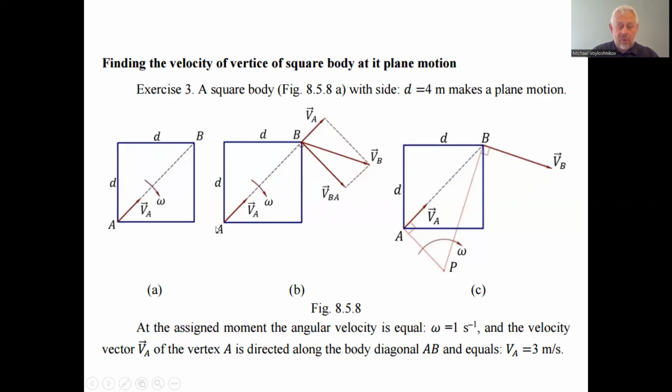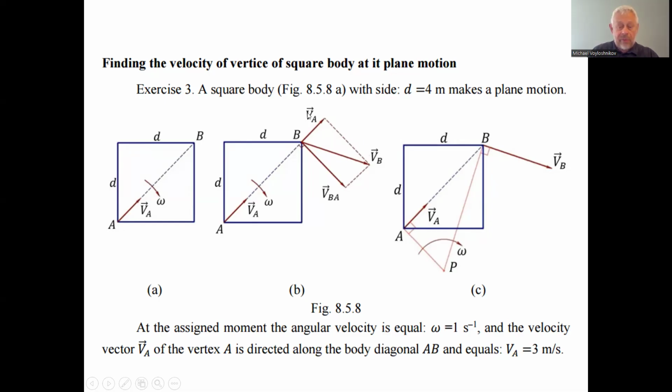The projections of all points of this mechanical body along this line of the velocity VA have to be the same. To find the magnitude of the velocity VB, we have to consider the projection on the abscissa axis and the angle. We can find this angle here, having this right angle triangle.